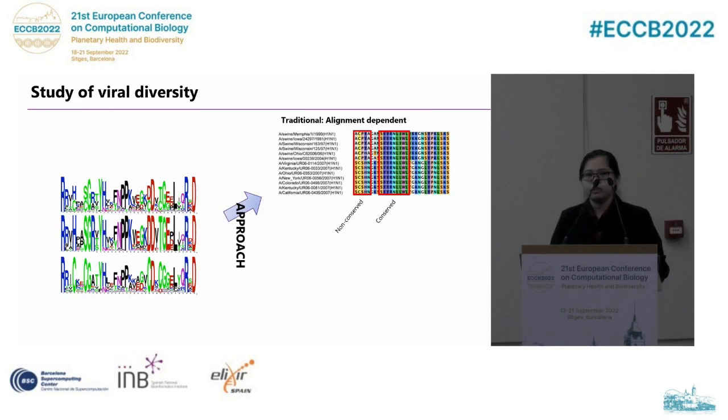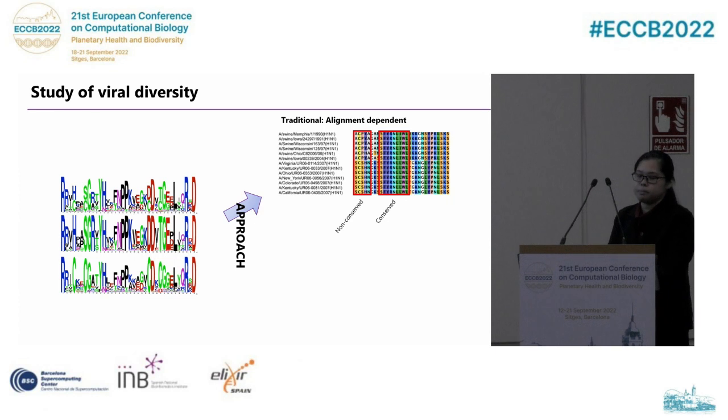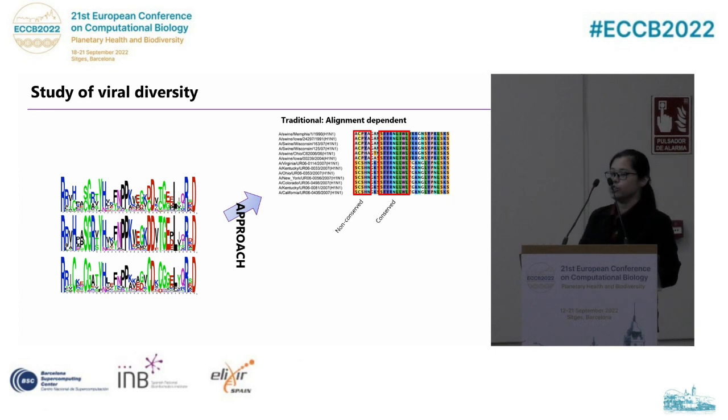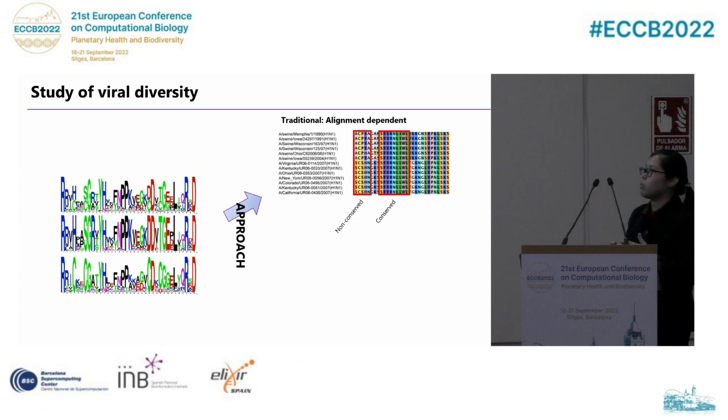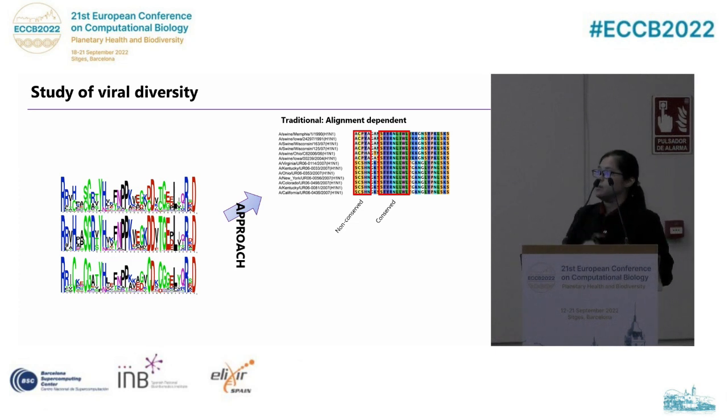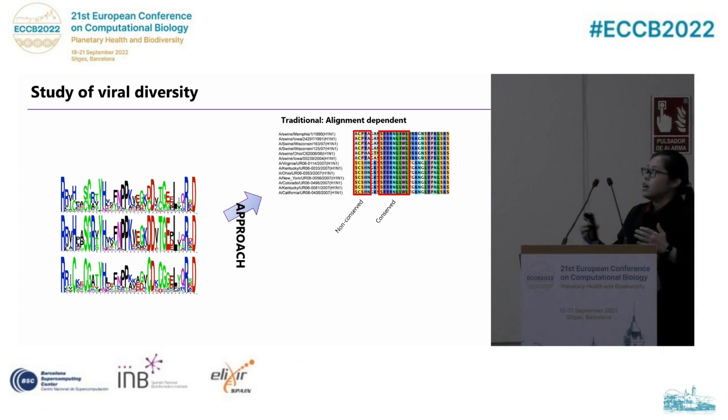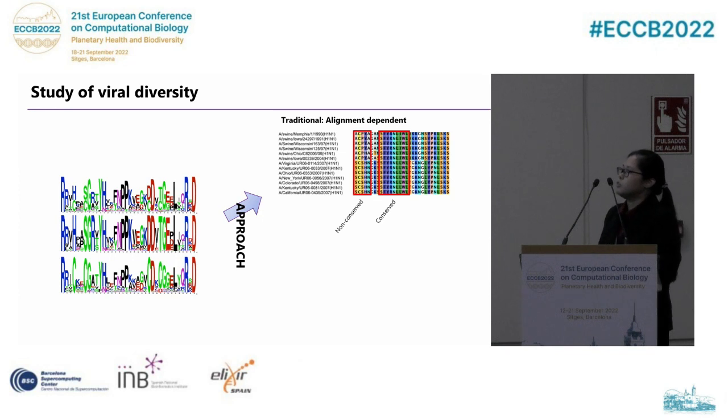Traditionally, we know that the alignment-dependent approach is largely used to analyze the viral sequence diversity. However, the increase of the SARS coronavirus 2 sequences has limited the alignment-dependent approach, because it is generally time-consuming and really needs very high compute resources.